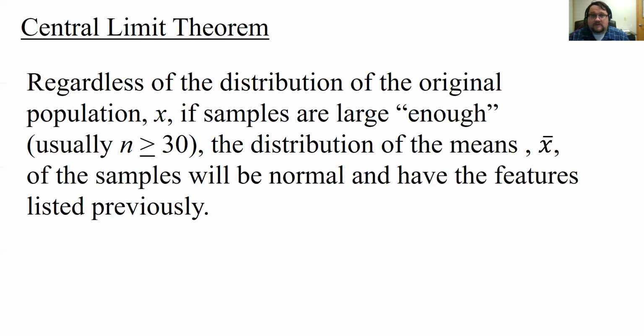All right, central limit theorem, regardless of the distribution of the original population. What we just talked about was if the original population was a normal distribution, and we somehow knew that from experience, we could work with any sample size and it would be good to go.